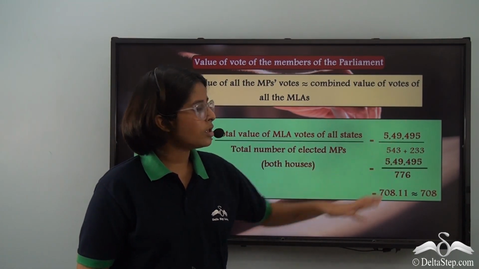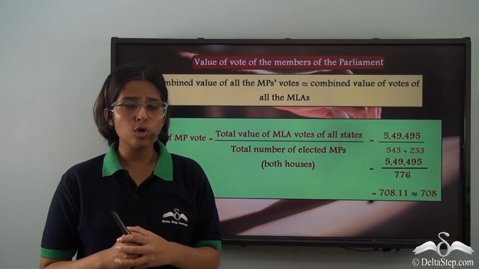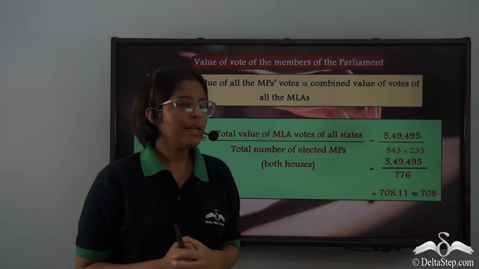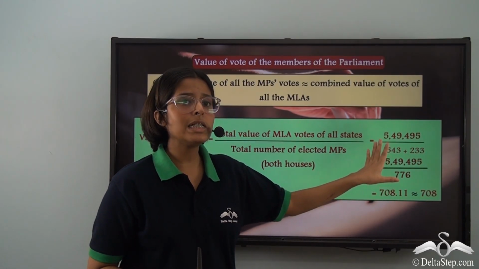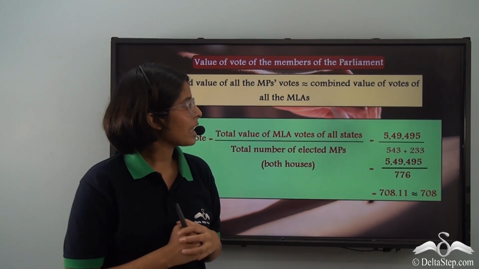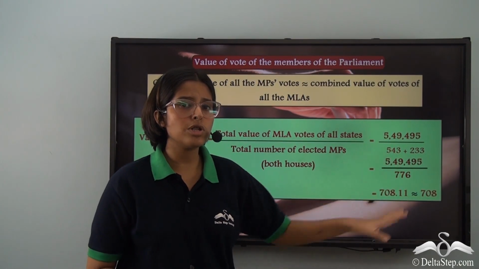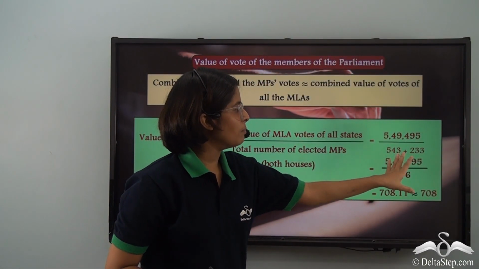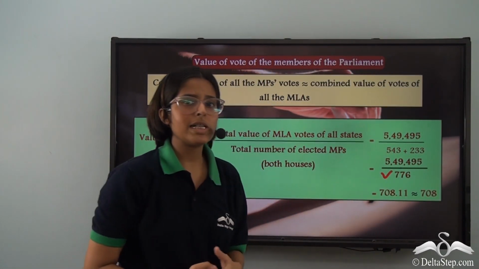So this is the total value of votes of all MLAs across all the states of the country. And there are 543 elected members of parliament in the Lok Sabha and 233 elected members in the Rajya Sabha. And when we add up these two numbers, we get 776.